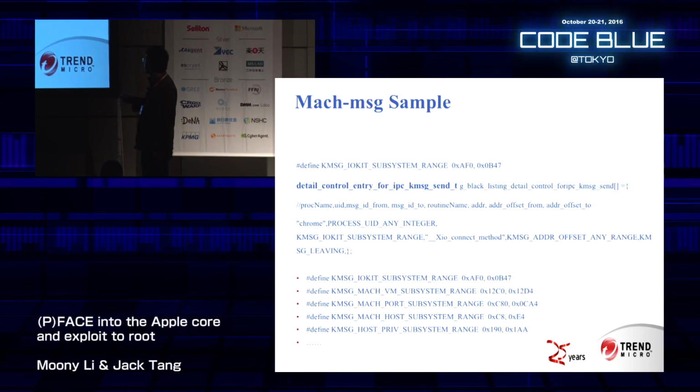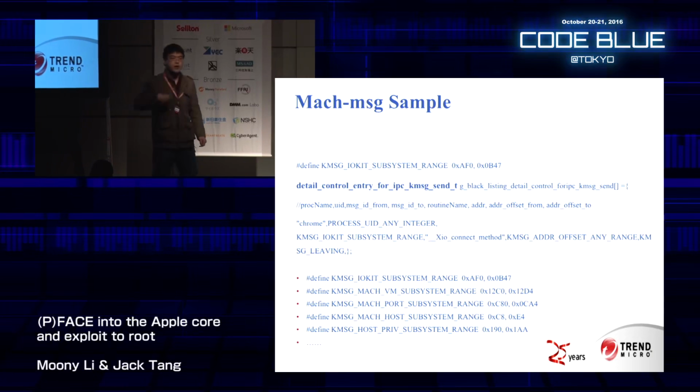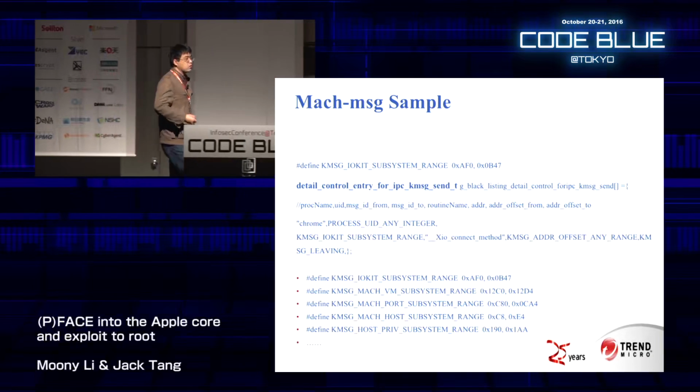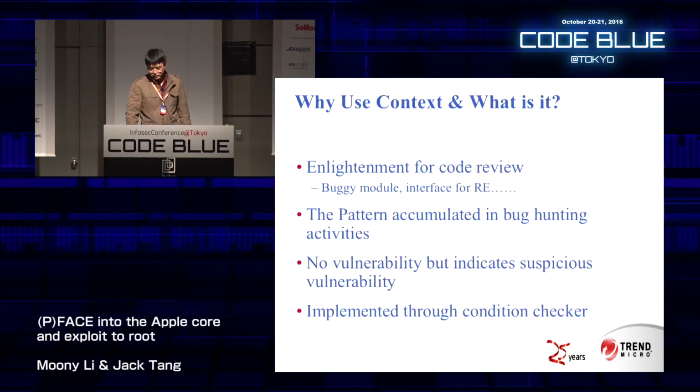For example, if the message is among this range, it means that the message is about the allocate subsystem, and if they are in this range, it means it is the MachPort subsystem range. So we can distinguish all the different parts of our fuzzing target.